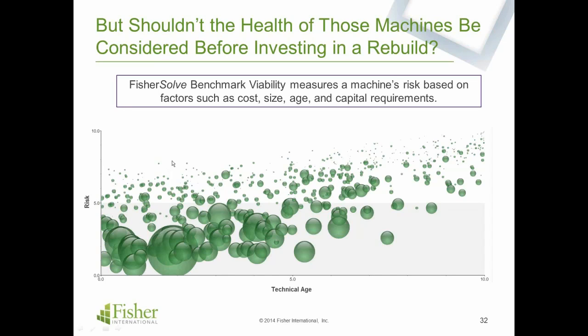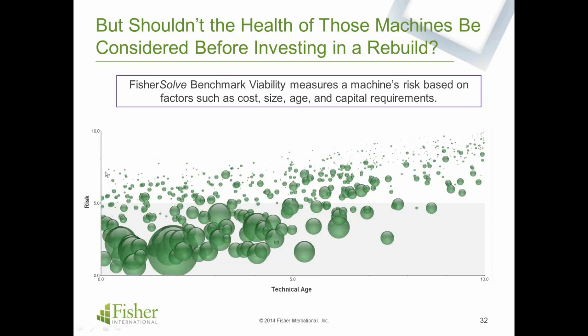Our Benchmark Viability Module measures a machine's risk of failure based on a number of factors, including their competitive cost position, the size or scale of the machine, the age of the machine, and the capital required to keep the machine operating. And so we evaluate those, we weight all of those factors, and we assign a risk index. And 0 is low risk of failure, 10 is high risk of failure.